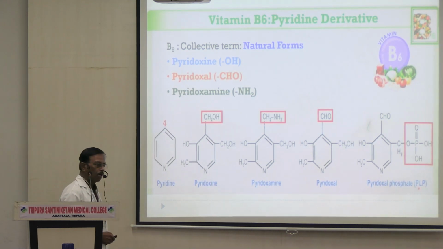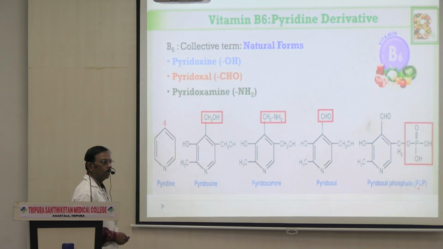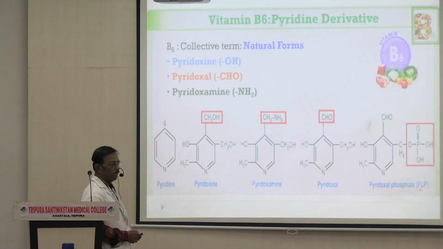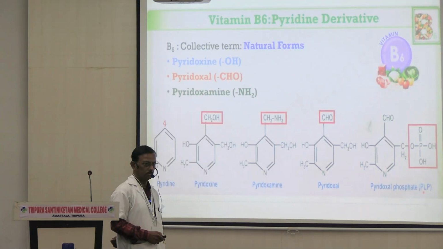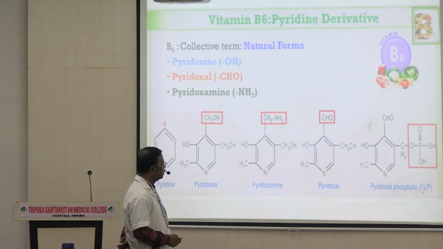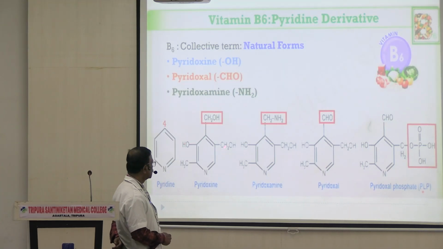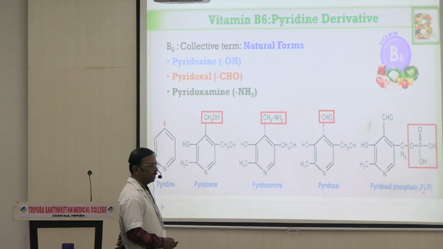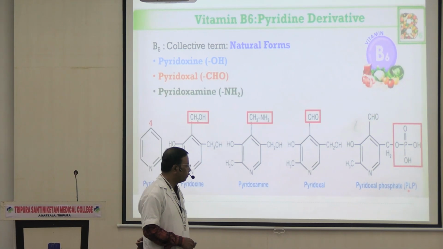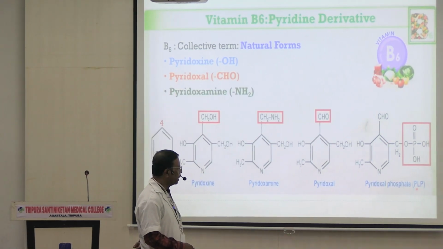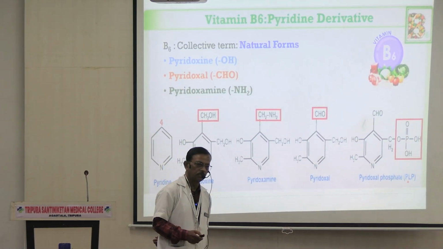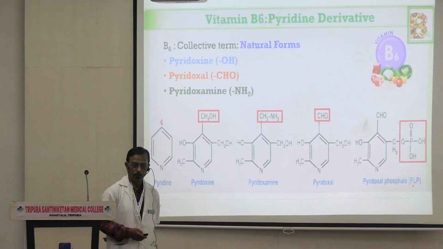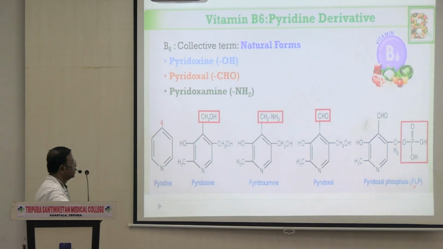When it is an amine group, it is pyridoxamine, and when it is an aldehyde, it is pyridoxal. Now this carbon is phosphorylated, esterified with phosphate, and the molecule becomes pyridoxal phosphate. This is the active form of vitamin B6.